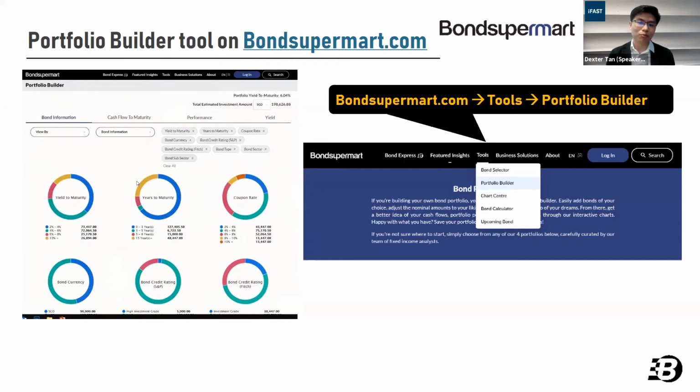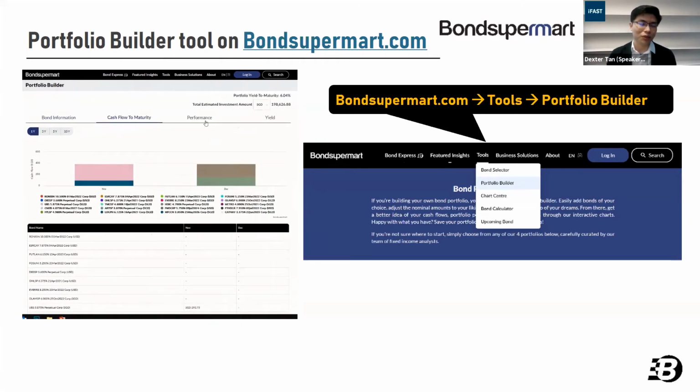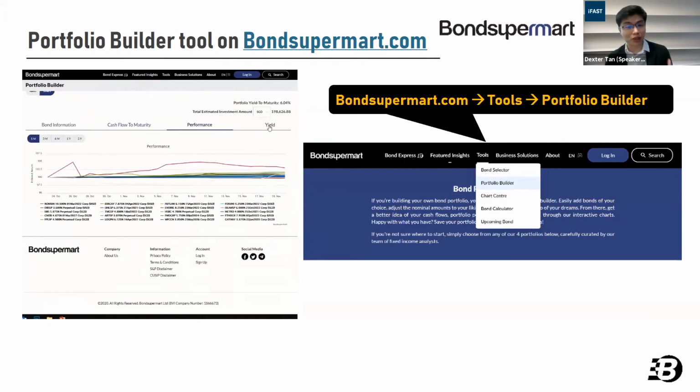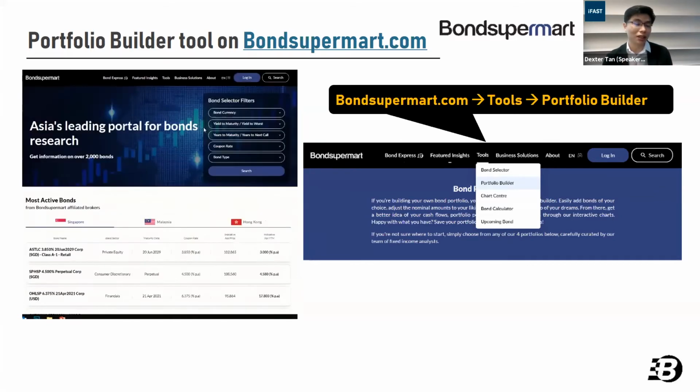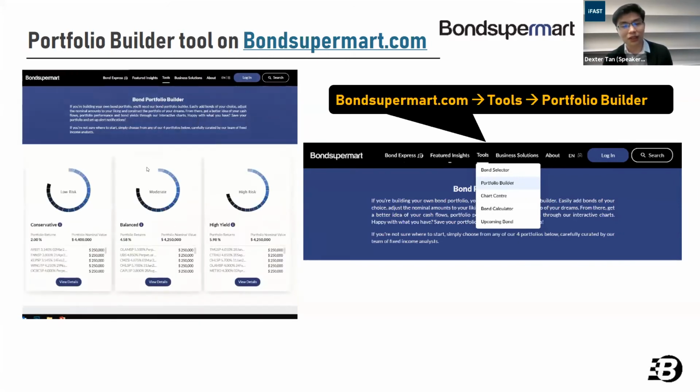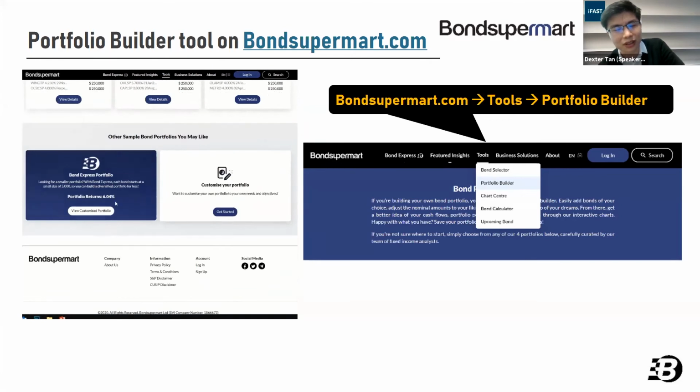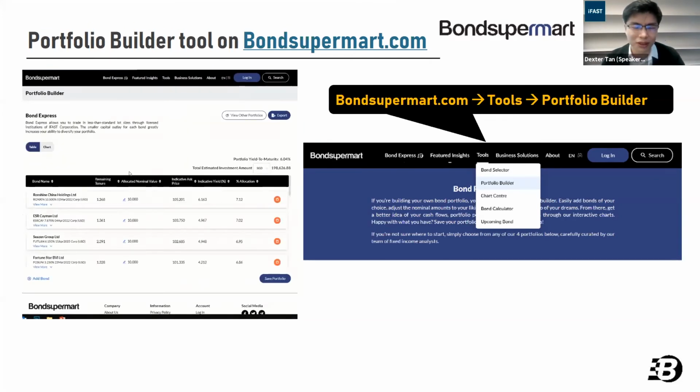Within this portfolio builder tool, there are also other portfolios you can view, like the conservative portfolio and the balanced portfolio, but the Bond Express portfolio is available in there. You can view all the information on the Bond Express portfolio. There are about 20 bonds in there, and you can look at the projected cash flows. So it's actually a very useful tool. Unfortunately, I cannot demonstrate it to you right now.